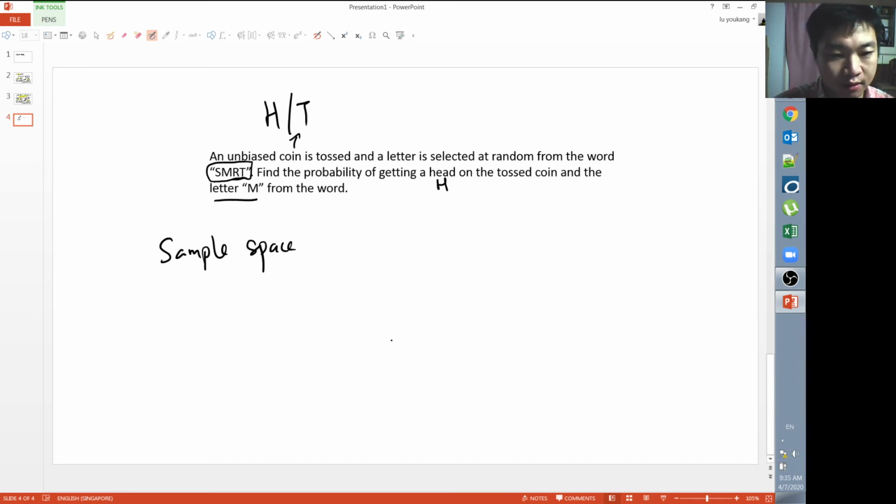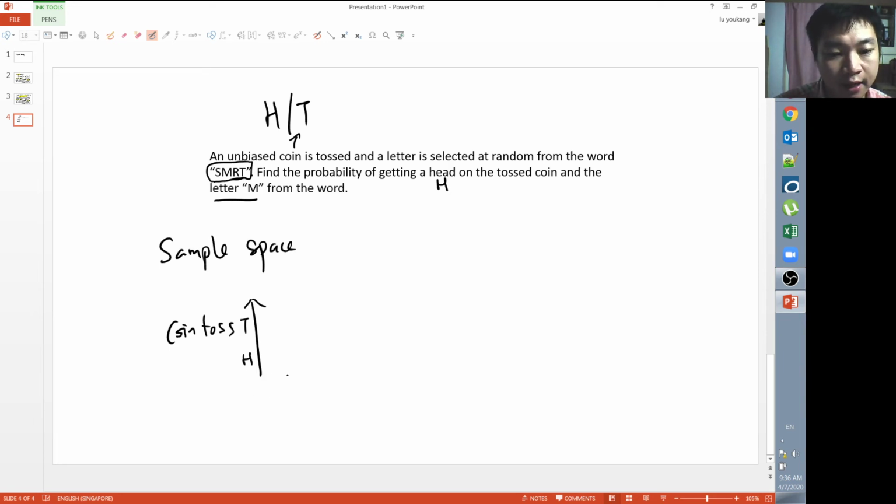In order to find out the sample space here, I hope you know that you have 2 events. One of them is a coin toss. The coin toss can be either head or tail.